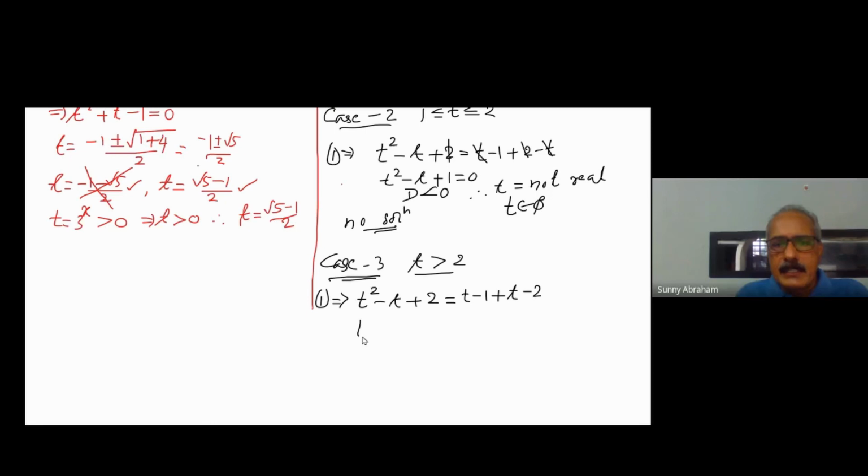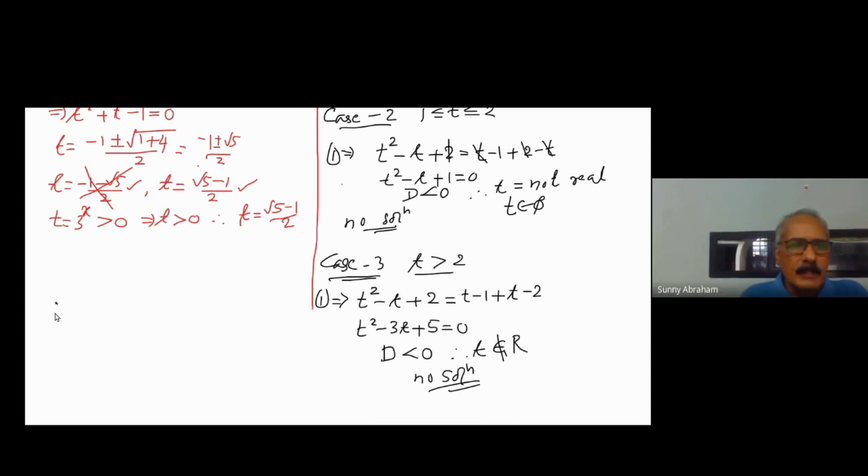So this is t² − 3t + 5 = 0, after moving minus t and 2t from the right side. What is the discriminant? 9 − 20, which is less than 0. Therefore, t is not real, hence there is no solution in the third case also.